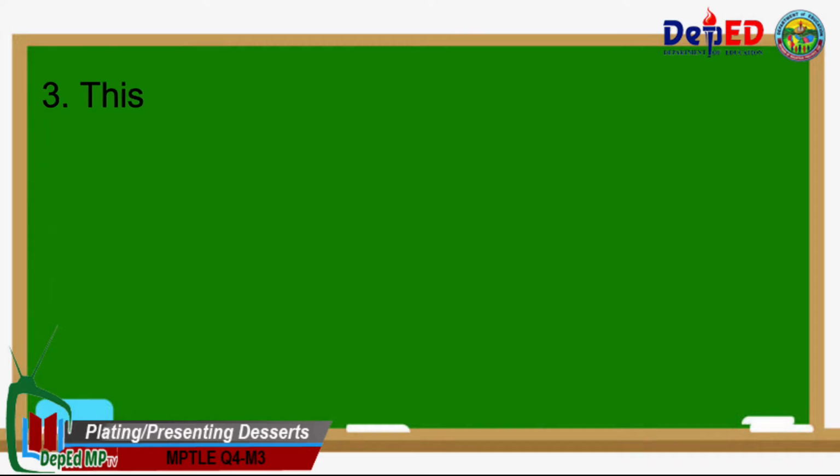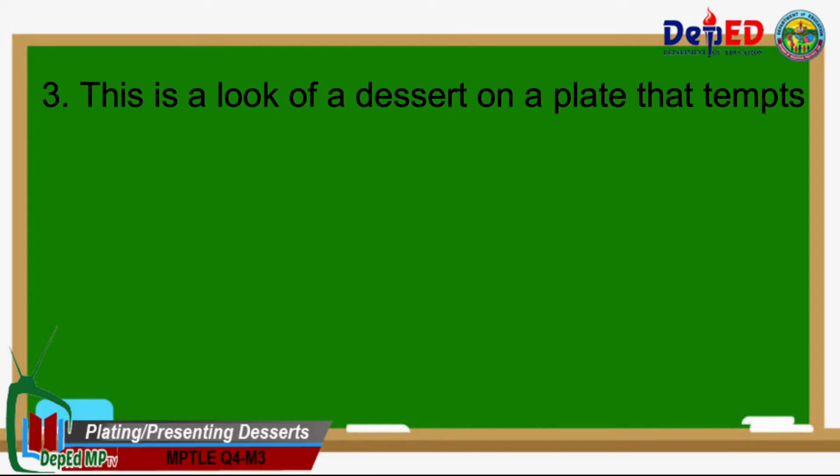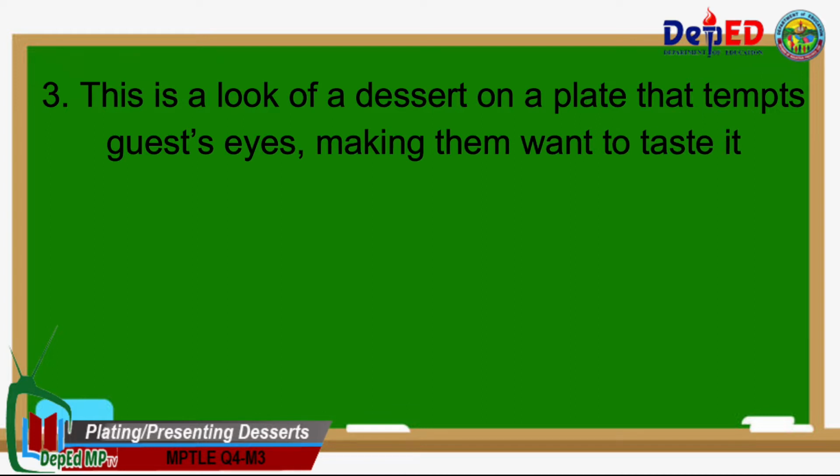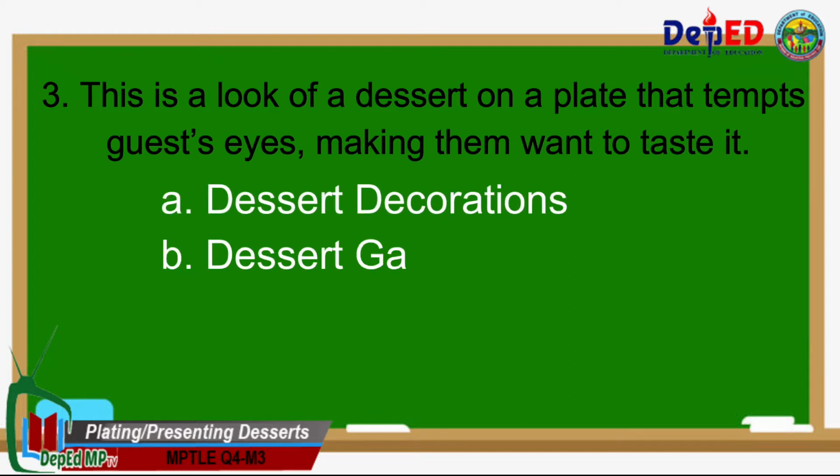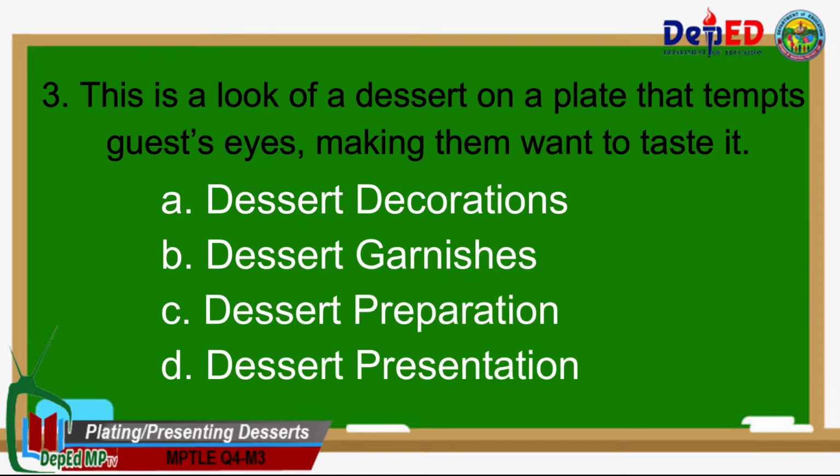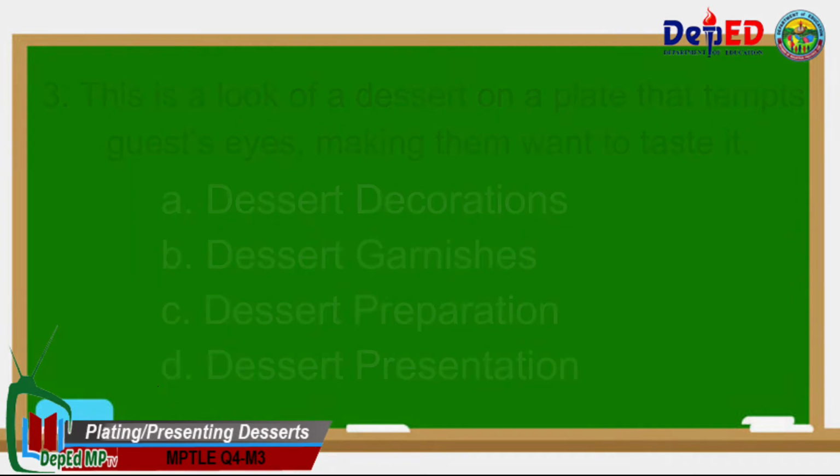Garnishing. Number 3. This is a look of a dessert on a plate that tempts guests' eyes, making them want to taste it. A. Dessert decorations. B. Dessert garnishes. C. Dessert preparation. Letter D. Dessert presentation. Correct answer is letter D. Dessert presentation.